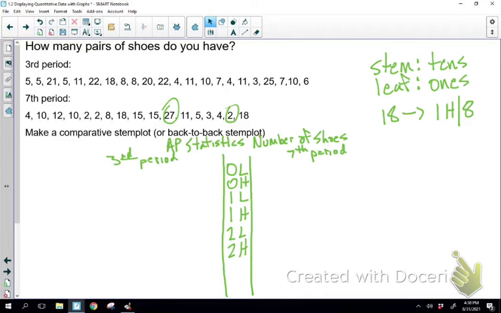So in third period we had 5 and 5. We have 21.